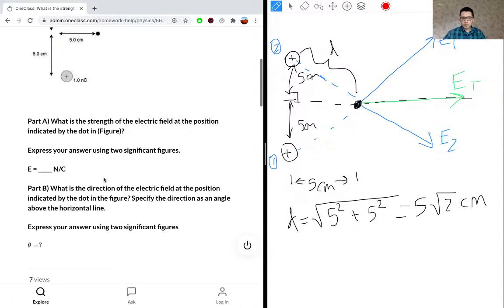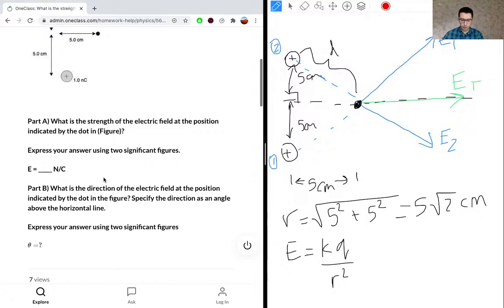The equation for the electric field is as follows. E equals kQ over r squared. k is the electric field constant, Q is the charge, and r is the distance between the location and the particle. Actually, I should have labeled this as r.